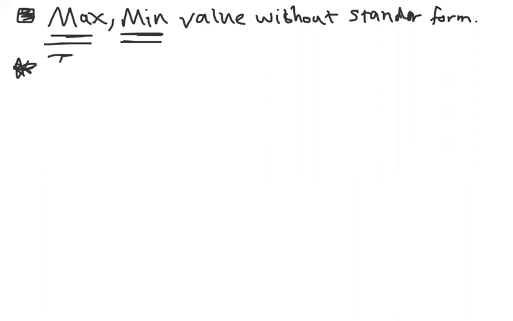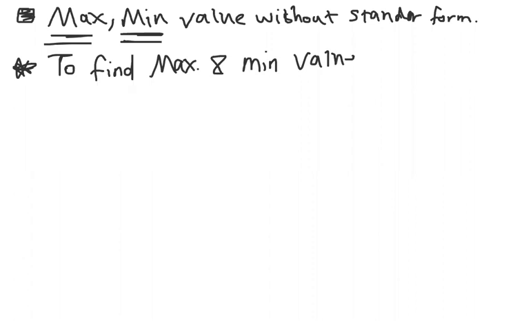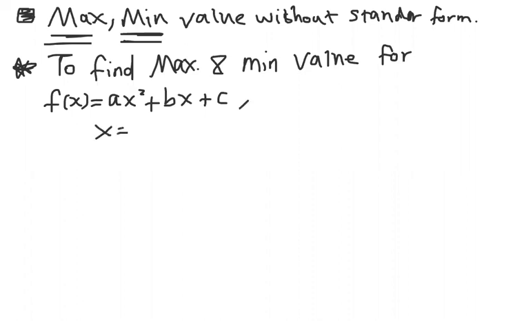To find the maximum and minimum value for the quadratic function, for example, f of x equal ax squared plus bx plus c, we first find x, which is equal to minus b over 2a.